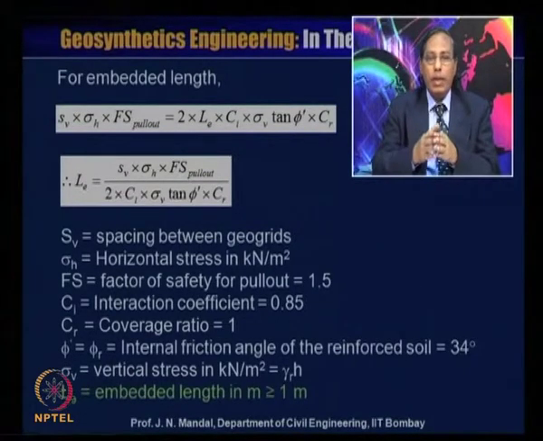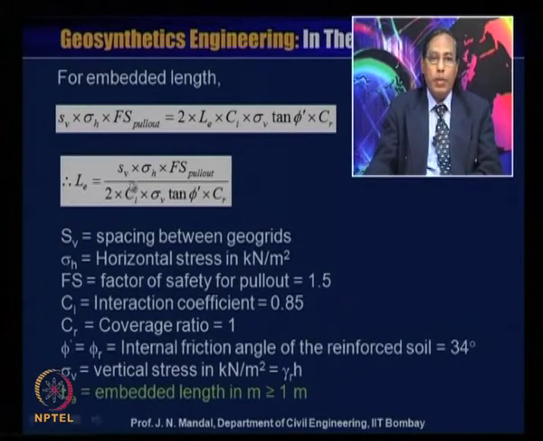From this equation you can calculate LE is equal to SB into sigma H into factor of safety due to pull out, divided by 2 into Ci into sigma v tan phi dash into Cr. You know the spacing between the geogrids, and you know sigma H, the horizontal stress in kilonewton per meter. The factor of safety due to pull out you assume as 1.5, and Ci is the interaction coefficient, which is given as 0.85. Sigma v is the vertical stress, equal to gamma r into h.